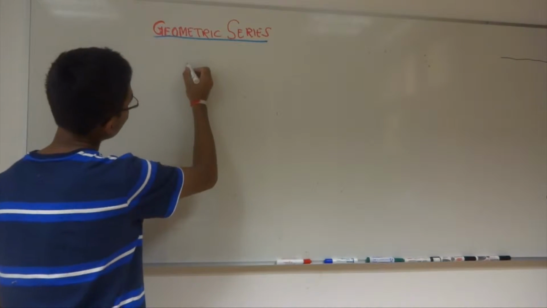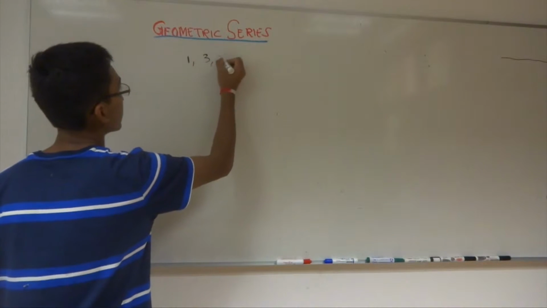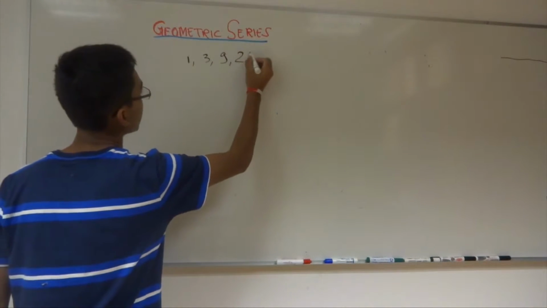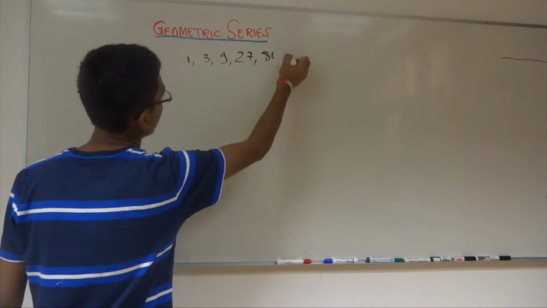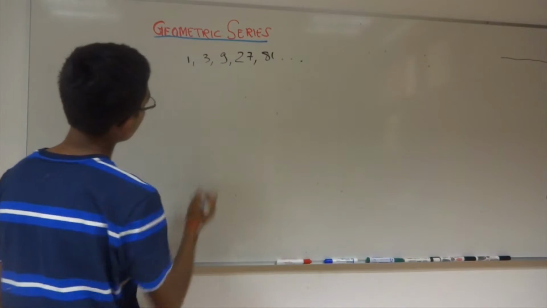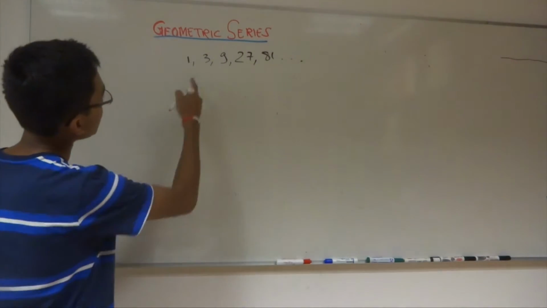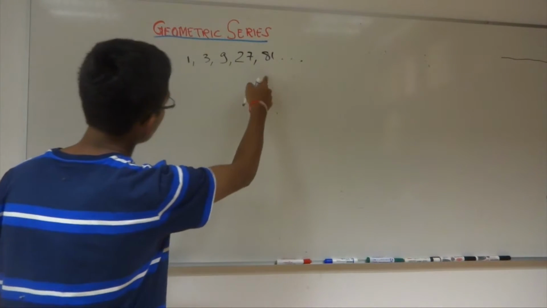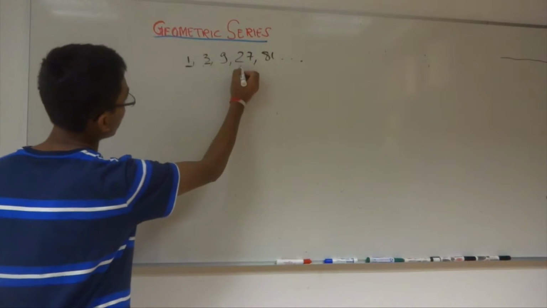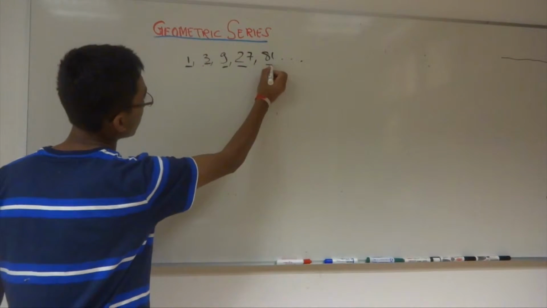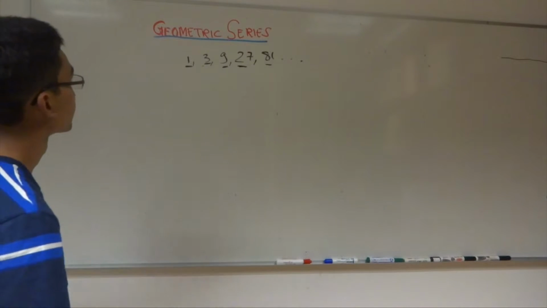So consider 1, 3, 9, 27, 81, and so on. This is a geometric series because you see that it's being multiplied by the same term: times 3, times 3, times 3, times 3. So the ratio between 3 and 1, 27 and 9, 81 and 27 will give you the same ratio, that'd be 3.